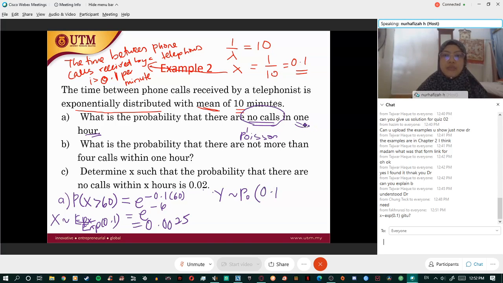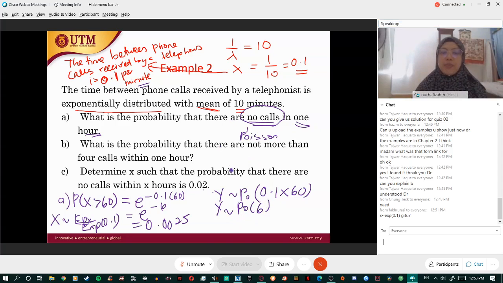However, this 0.1 is the lambda for 1 minute, but here we have 1 hour, so we have to multiply by 60. That means your Poisson is Poisson 6. Please be careful: even though the lambda for exponential and Poisson is the same, you have to look also into the time of the probability.